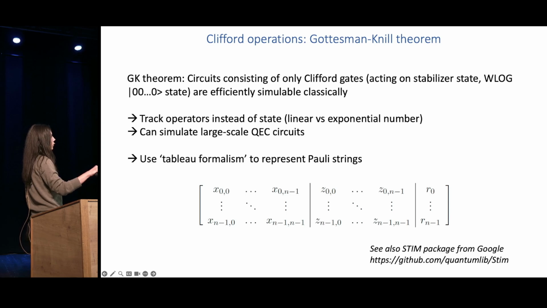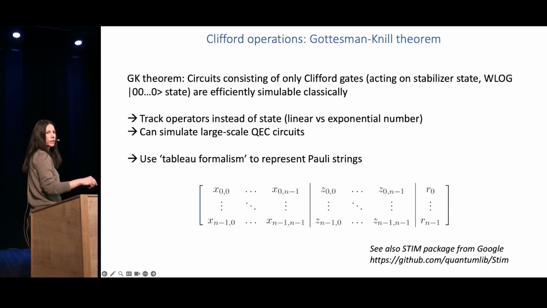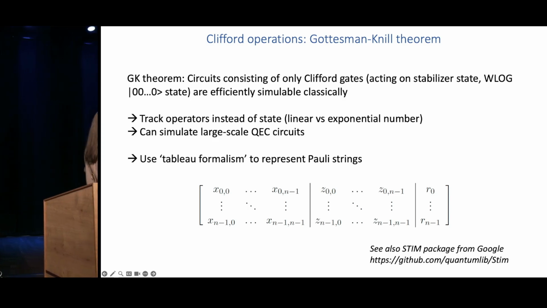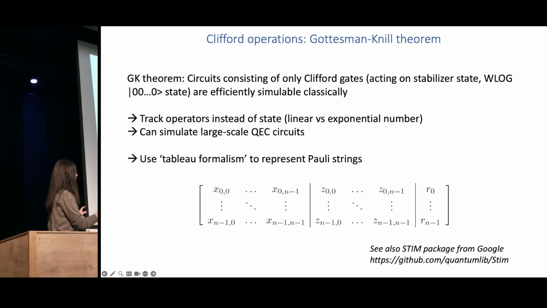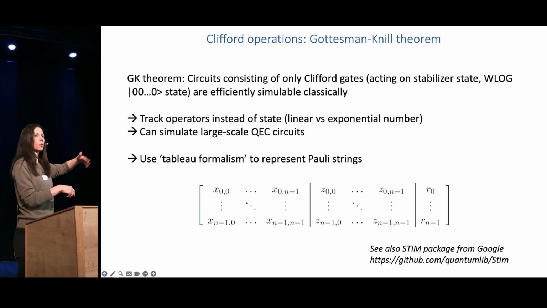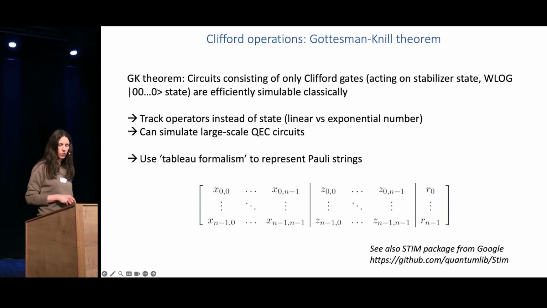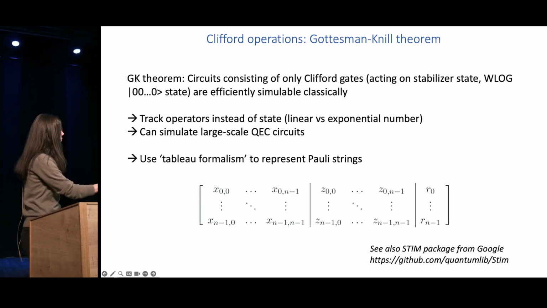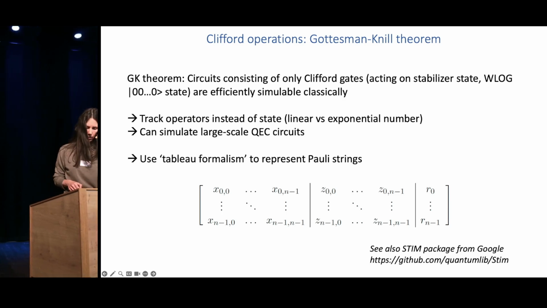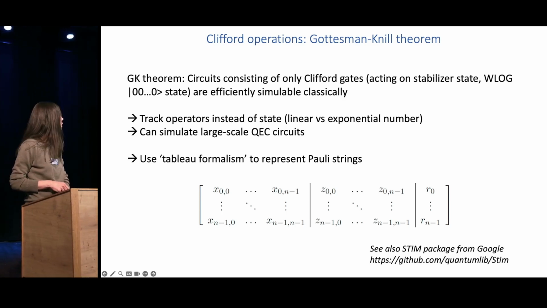If I have a Z, I put 1 here and 0 here. And if I have Y, I put 1 in both. And then I also need some phase to track the phase. It's maybe not familiar to everybody, but it's a way that you can keep track of the stabilizers and do operations on them and see what happens when you multiply things together. Right? It's used a lot in quantum error correction. There's also an open source package, a very nice package from Google that I think a lot of people use.